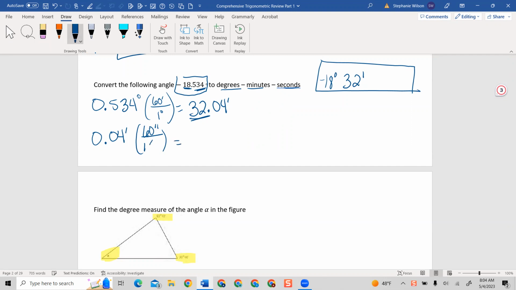All right, so the minutes reduced leaves me 0.04 times that 60, and it gives me 2.4 seconds. The number in front is what we're going to work with, but we look behind the decimal. Does that number cause that 2 to round up or stay the same? Since it's less than 5, it leaves it alone, and that is my answer: negative 18 degrees, 32 minutes, and 2 seconds.